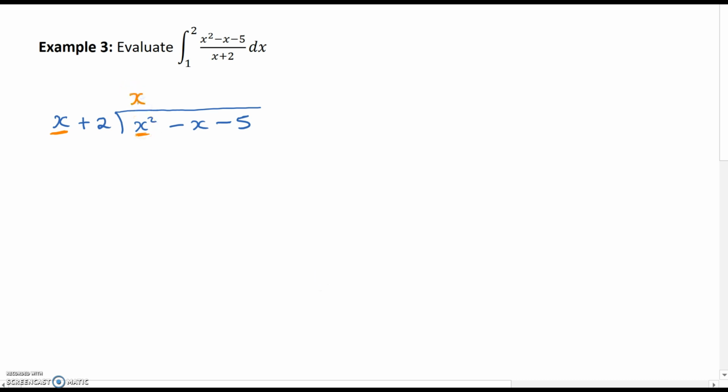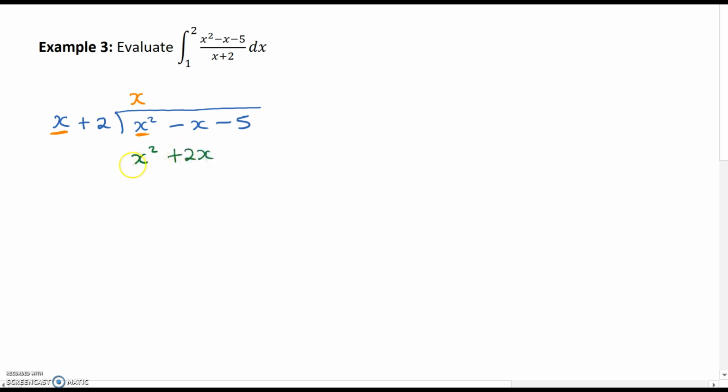Now we're going to multiply down. We multiply x by x plus 2. So x by x is x squared, and we write the answer underneath. x by 2 is plus 2x.